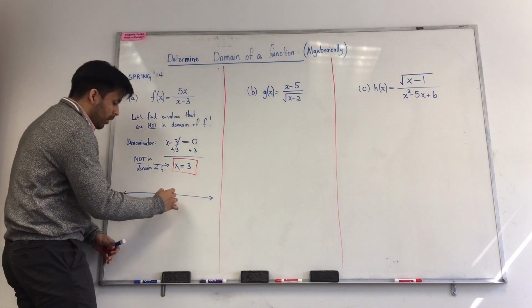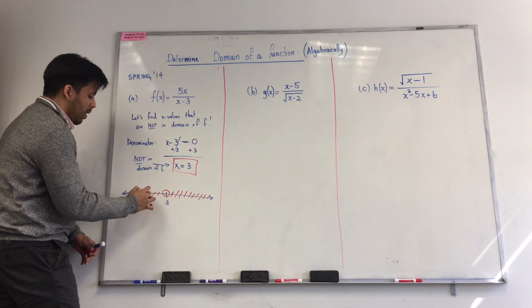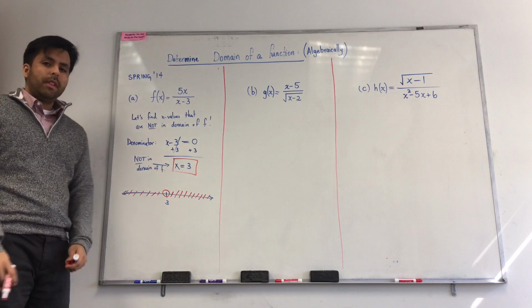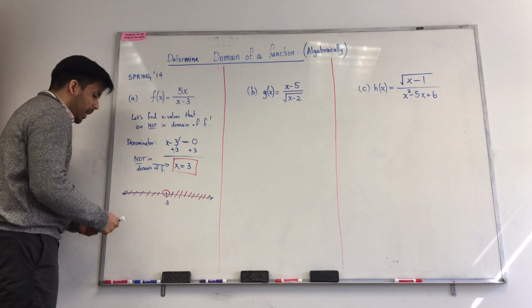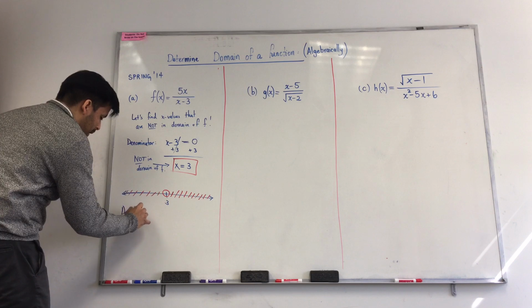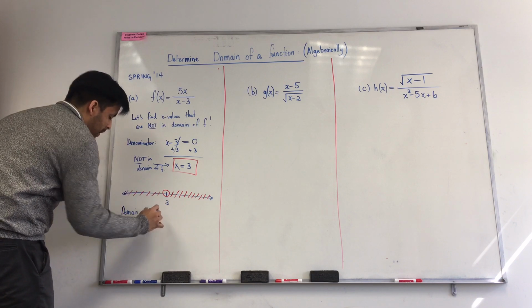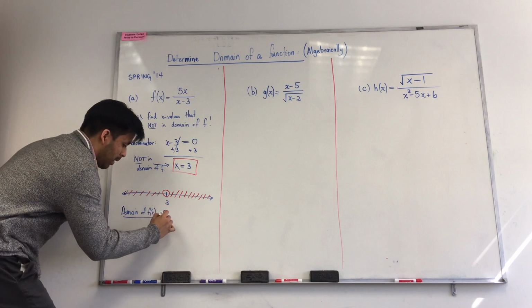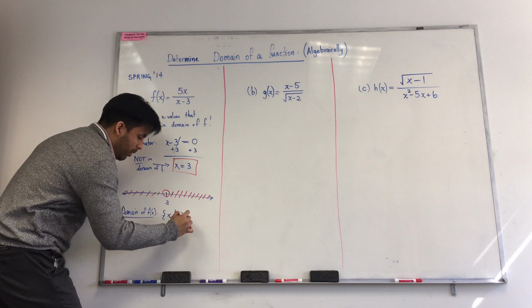But all other x values are perfectly fine. So then, now I can say my domain for f of x is the set of all x values such that x cannot equal 3.